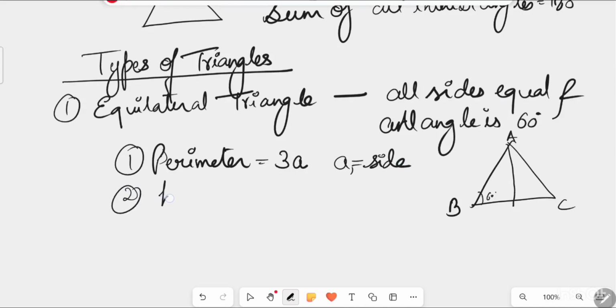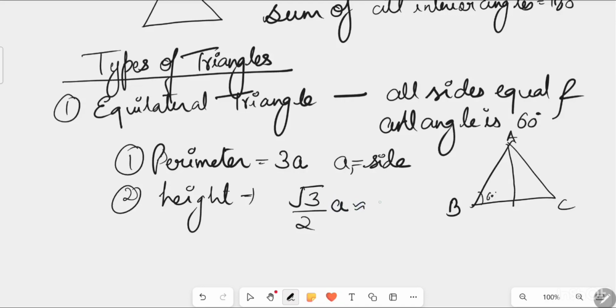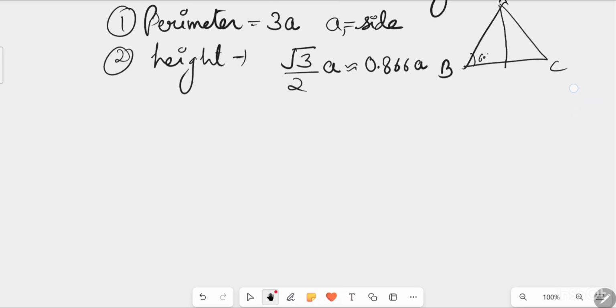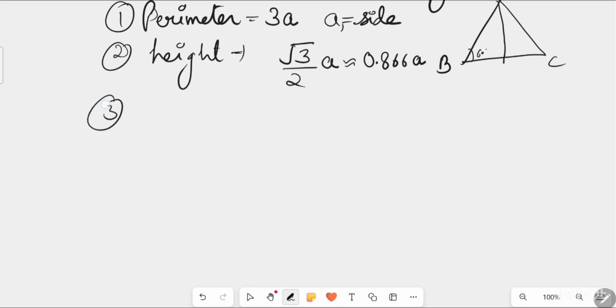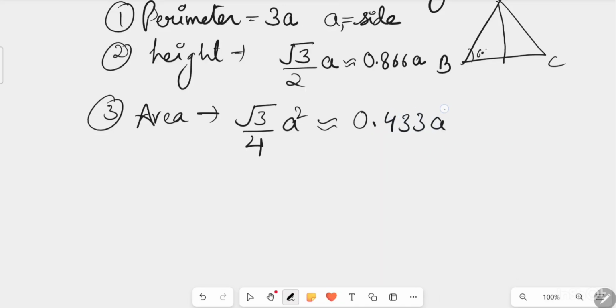Height. Its height will be root 3 by 2 A, which is 0.866 A. Then the area of an equilateral triangle is root 3 by 4 A square, which is 0.433 A square.